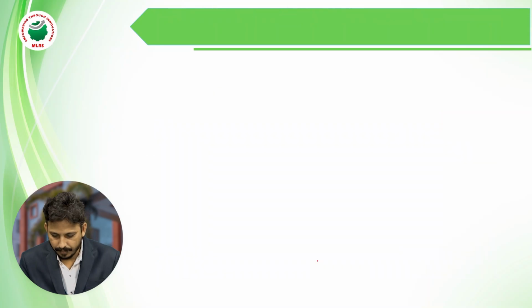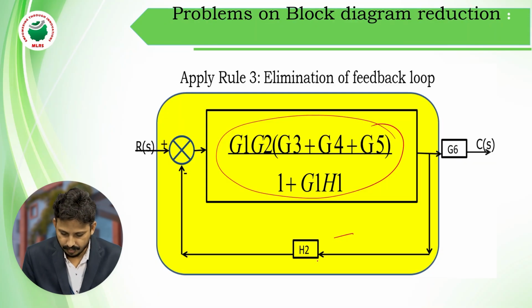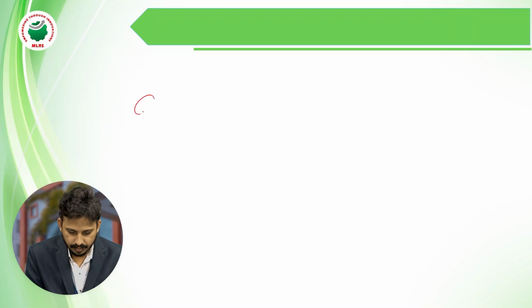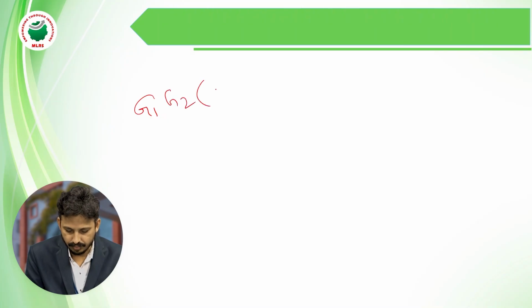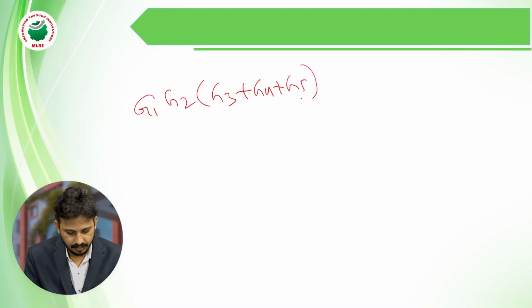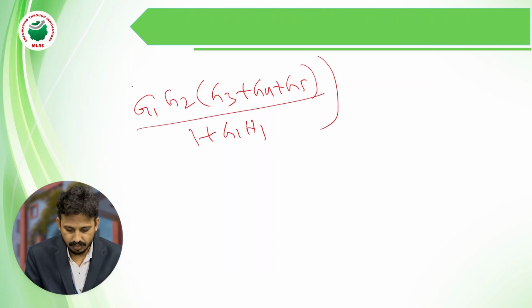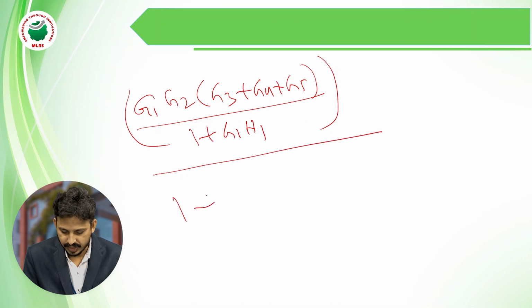So now G1 G2 into (G3 plus G4 plus G5) by 1 plus G1 H1. This total is G by 1 plus GH, no?